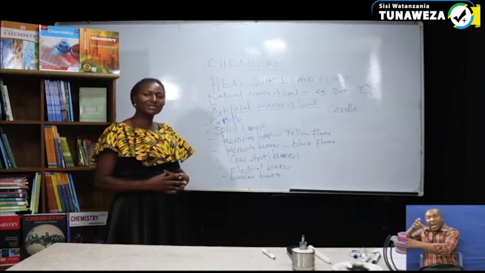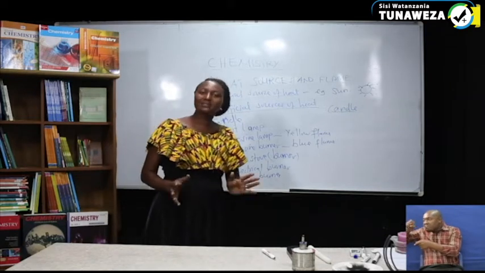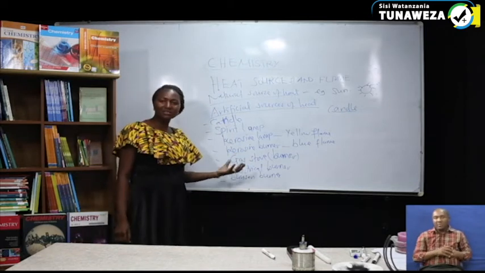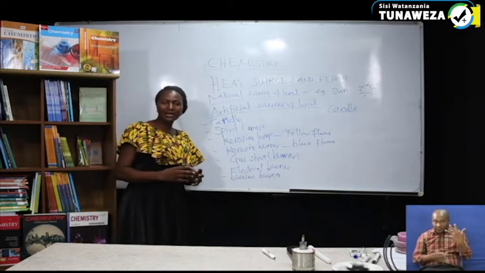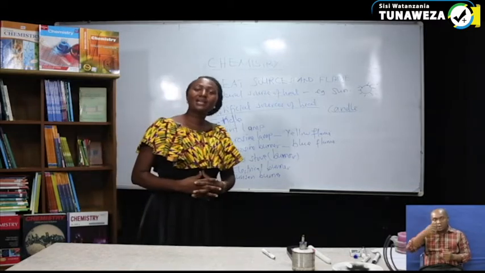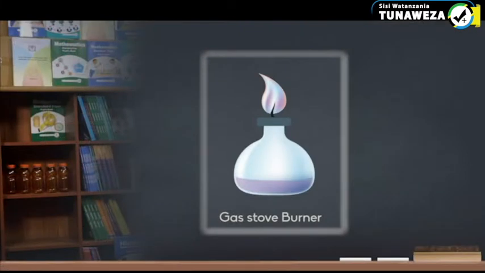I think you are together, students. Okay, that's right. Another source is the gas stove or gas burner. This gas burner normally uses gaseous fuel, like methane, ethylene, and natural gas.